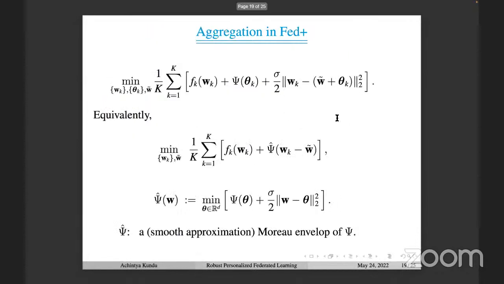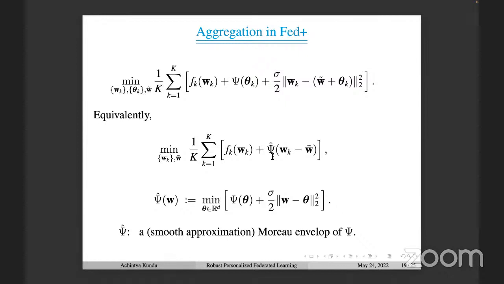And then let's look at what is happening on the server side. On the server side, the WKs are frozen because you have got the updated models from the clients. Now you want to find the global model. You can always do the minimization over theta k. If you do the minimization over theta k, this psi function becomes just an approximate version of psi, which is given by the Moreau envelope. It's a smooth version of psi.